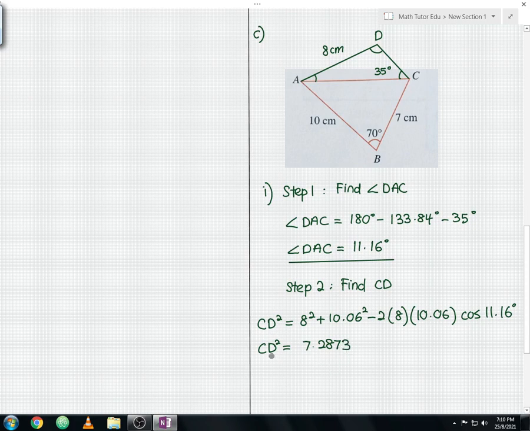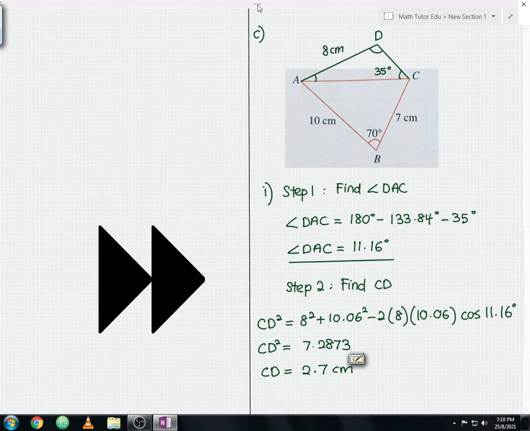So in order to find the length CD, what you do, you need to square root this value. So you square root this. So from here you should get your CD is equals to 2.7 centimeter. Okay, you should get your length of CD approximately 2.7 centimeter. Okay, so this is your length of CD. Let me underline the first solution.